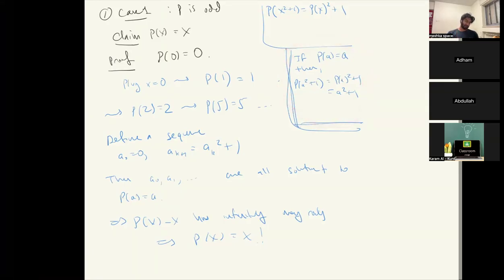We showed that for all these numbers, 0, 1, 2, 5, and so on, all of them satisfy p of a equals a. Which means p of x minus x has roots 0, 1, 2, 5, and so on. So it has infinitely many roots. But it's a polynomial. A polynomial can only have finitely many roots unless it's 0.